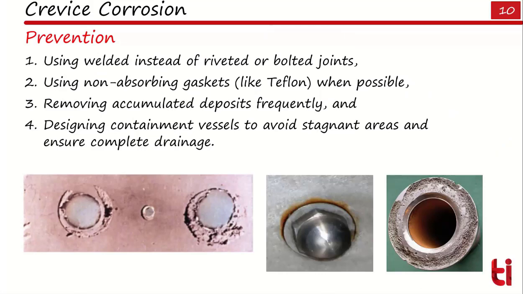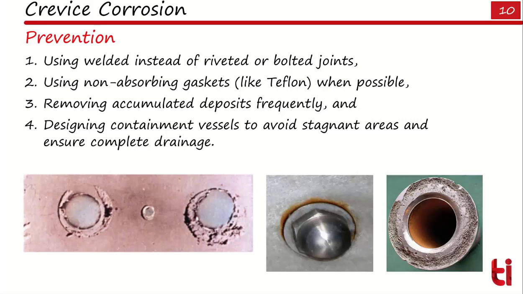So, what can one do to prevent crevice corrosion? You can see representative examples of crevice corrosion, where a lot of corrosion byproduct has been formed beneath the rivet or screw. So what one can do is try to minimize joints in your design, especially welded or bolted joints.